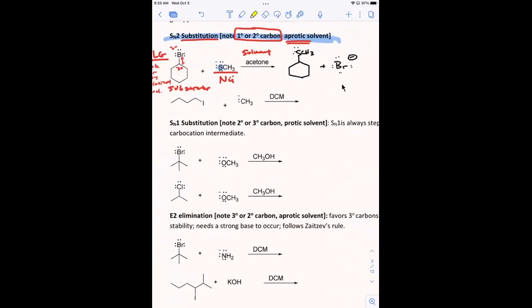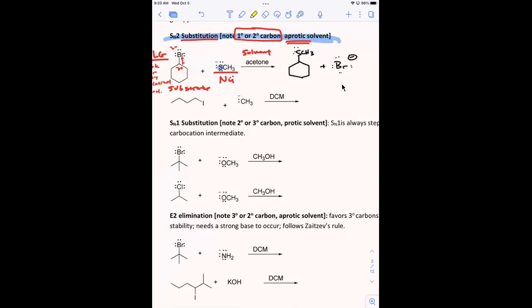All right, let's look at this second example. Somebody tell me what the product is and what the rate law is for that example. The product is going to be... Does the DCM matter?